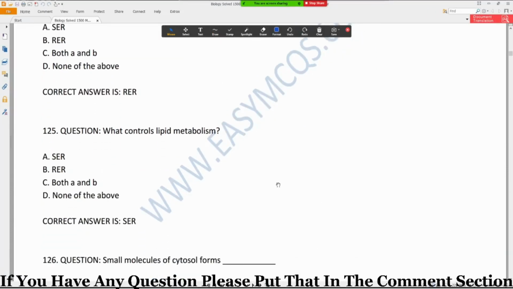Okay, question number 125. What controls lipid metabolism? Option A SER, option B RER, option C both A and B, and option D none of the above. Here lipid metabolism is used. Lipid synthesis, metabolism, all things are linked with the SER or smooth endoplasmic reticulum, and RER is responsible for protein synthesis. So if we write the function in front of every option, we can easily find the correct option.